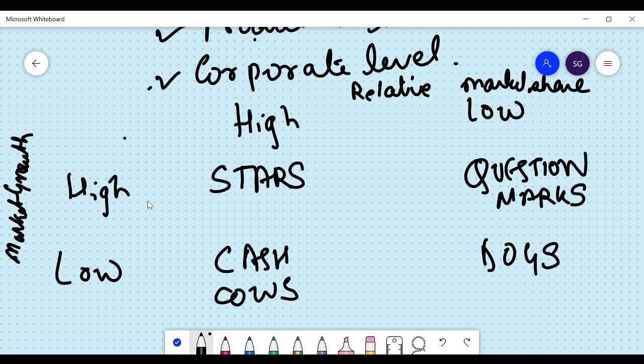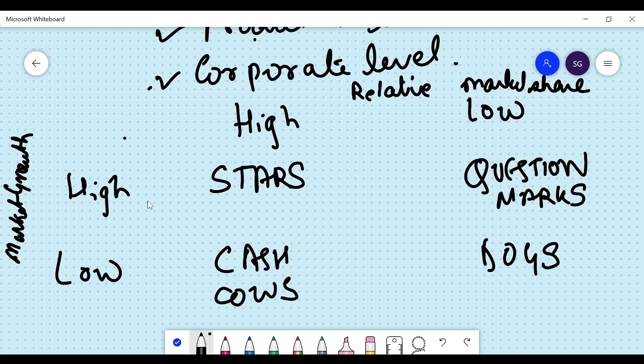So when you have high market growth and your market share is also very high, you are a rising star. But in this case, you will require more cash and the long term returns are high. So right now you need cash. Second is question mark.